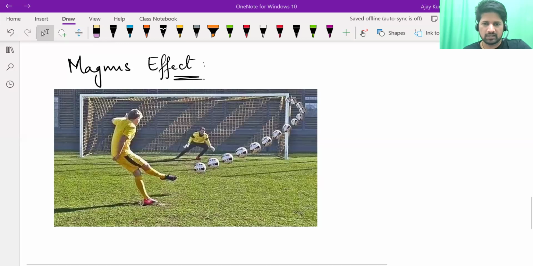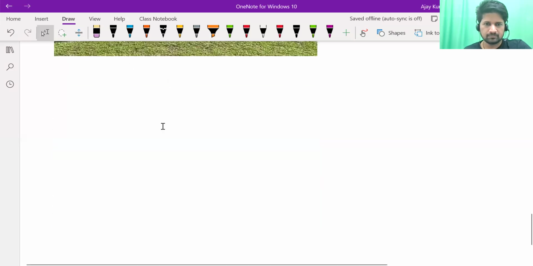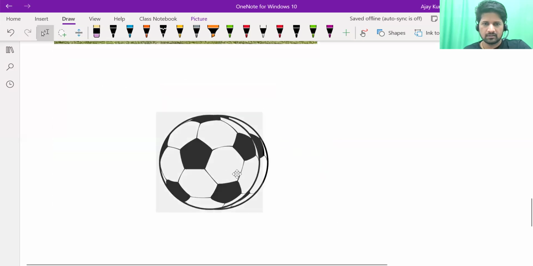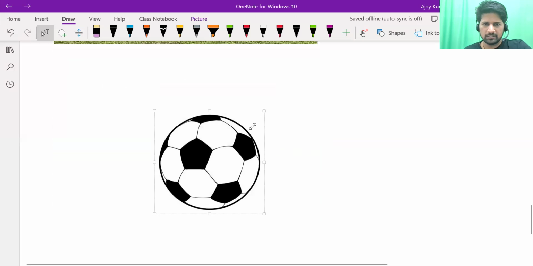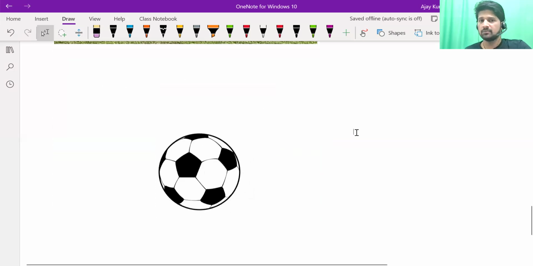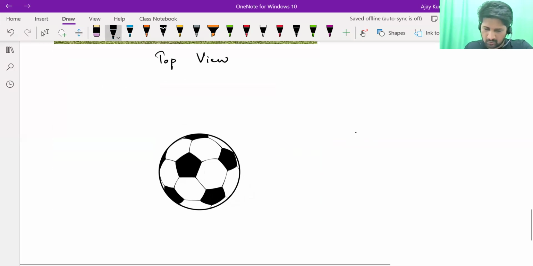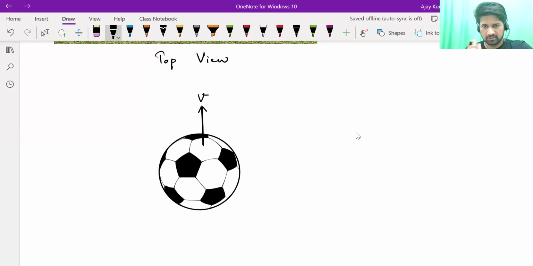So consider a ball like this. Assume the ball is moving forward and you are looking at it from above. The ball is moving through air. You are looking at it from above, so this is the top view of the ball. Let's say the ball is moving this way.